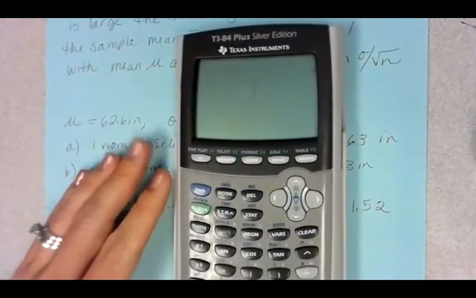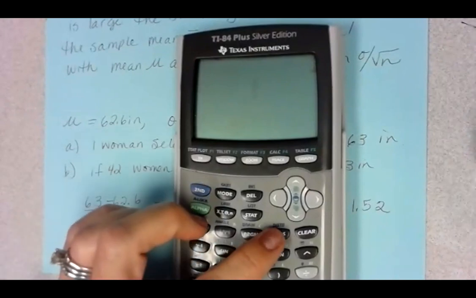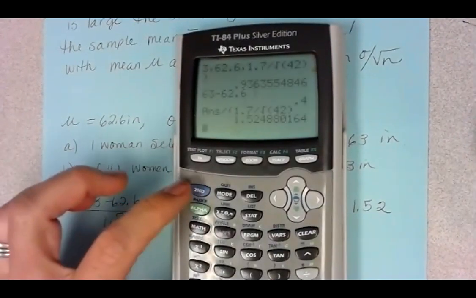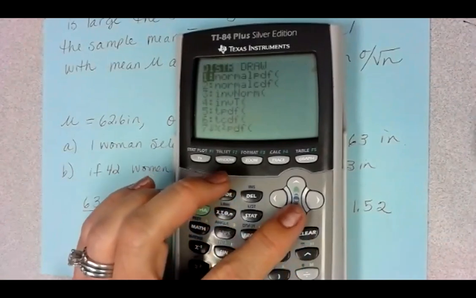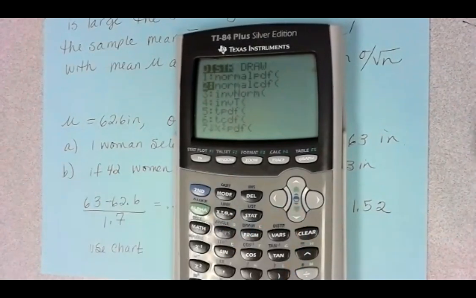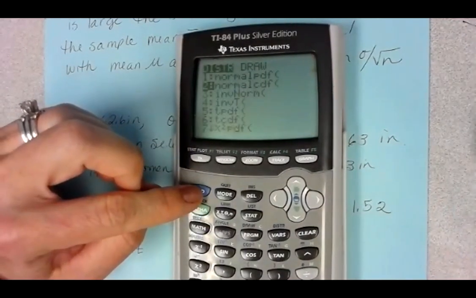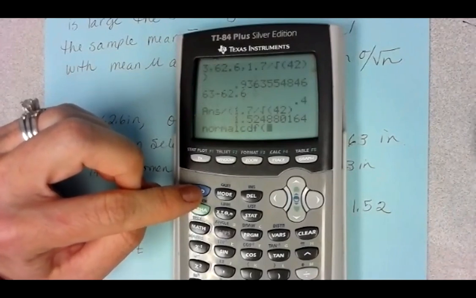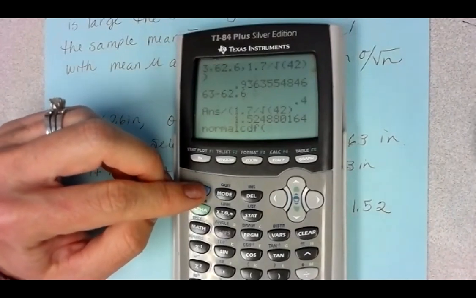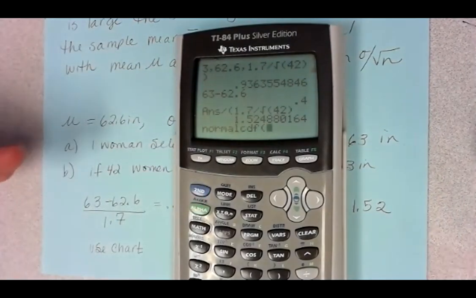Okay. So if you go to second vars, you'll see there, number 2, normal CDF. And what that's finding is the cumulative, that's what the C is standing for, the cumulative area underneath of a certain value. So we're going to go ahead and select that. And then you have to provide some information. You need to provide the lower boundary.